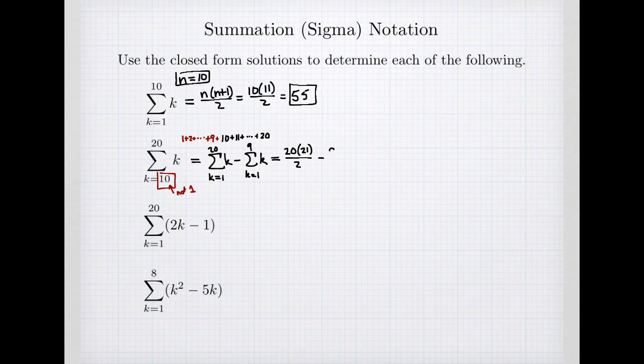And when n is 9, it's 9 times 10 over 2. And so I can now calculate those two numbers. I get 210 minus 45. So if I add the numbers 1 through 20, I get 210. And the 9 numbers that weren't there originally give me a value 45. So I get a total of 165.